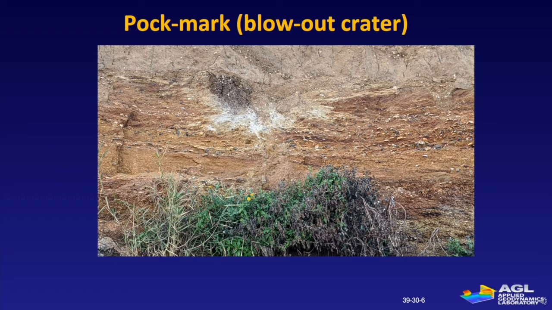Here's another fluid escape feature. The stem of it is relatively narrow, but as it came up to the surface, it expanded, and we see the familiar bleaching produced by the water flow. And at the mouth of this feature, an open crater that was filled with slightly younger sediment.